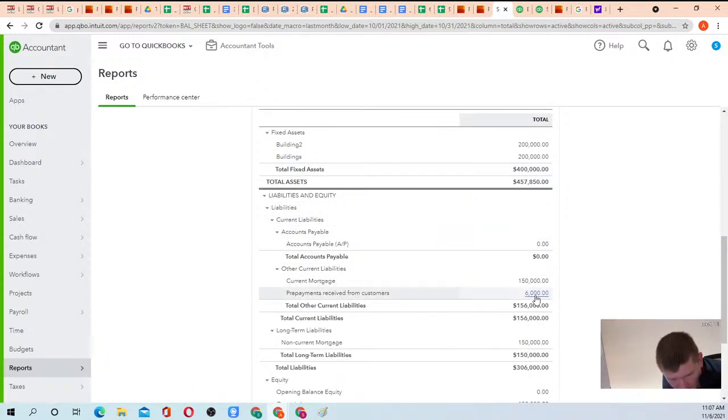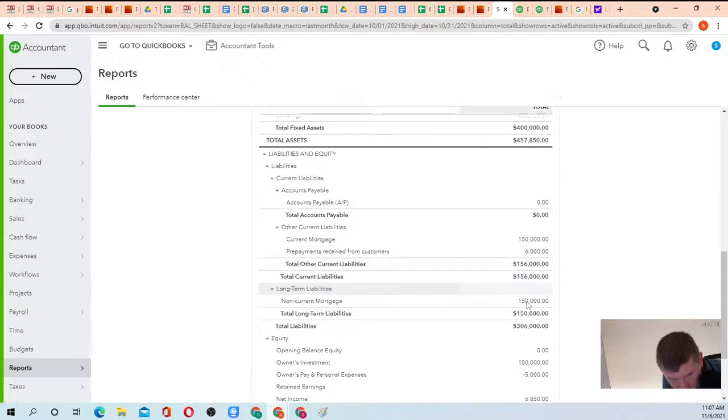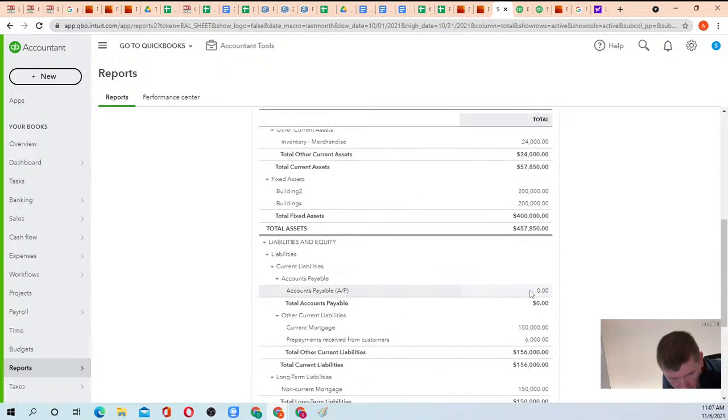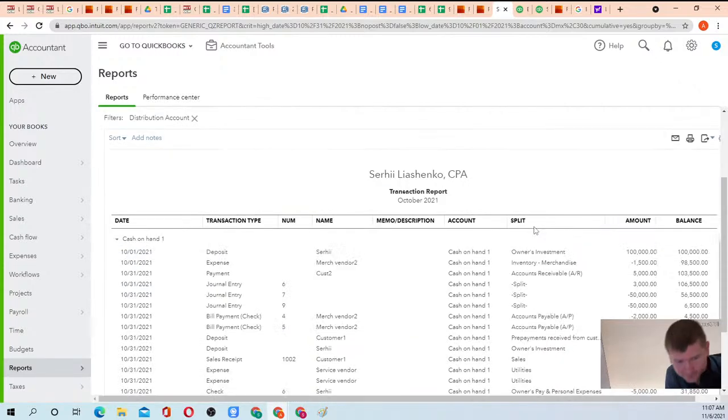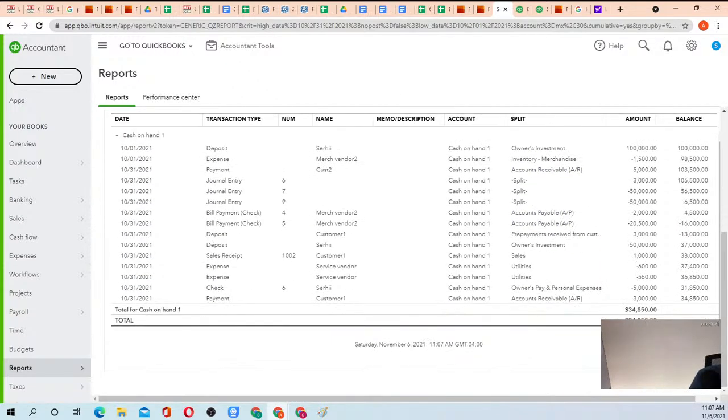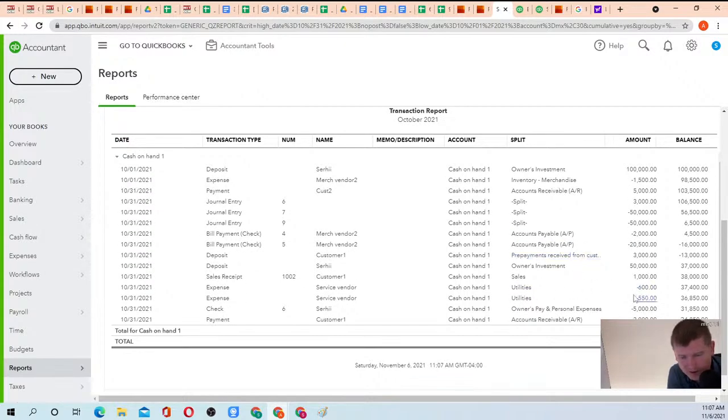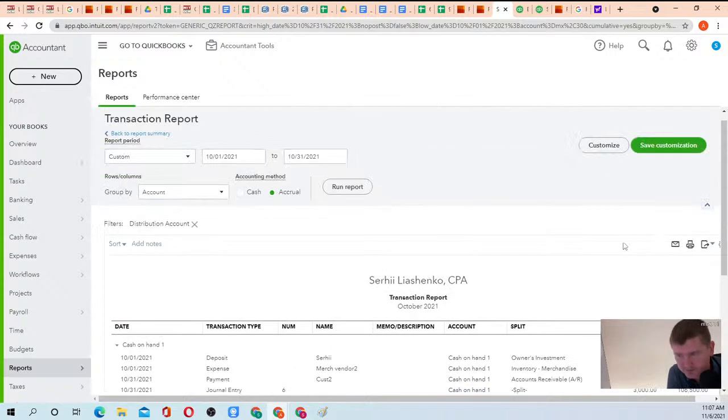Mortgage, prepayments. Yeah, basically, if we run it through expense, we reflect it. It is reflected in the cash.